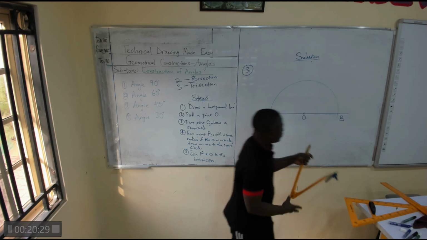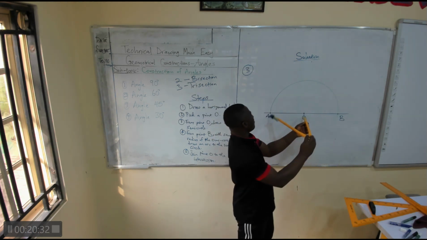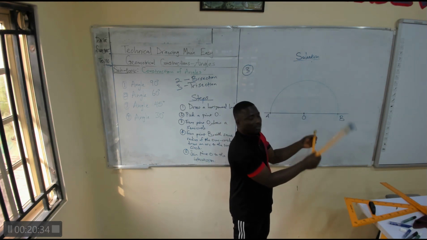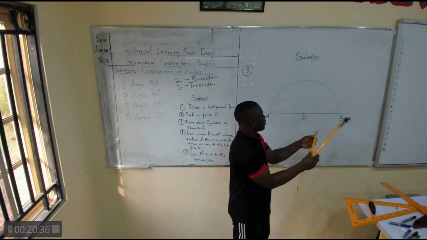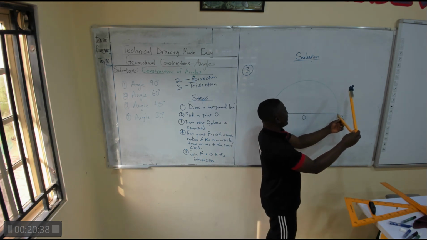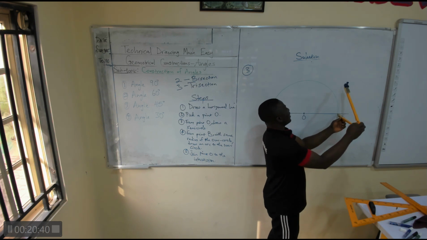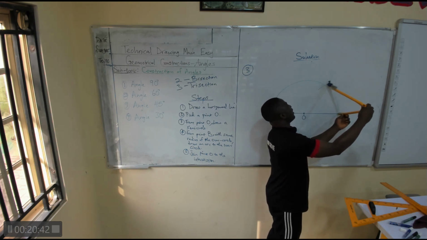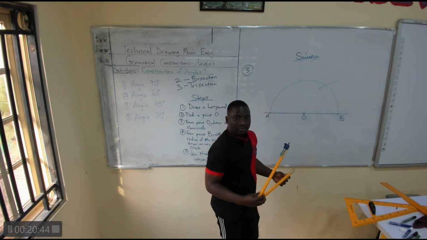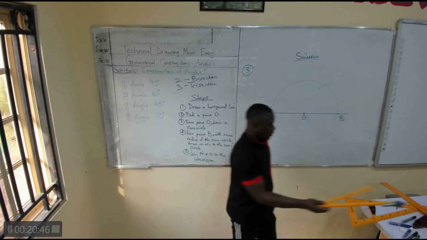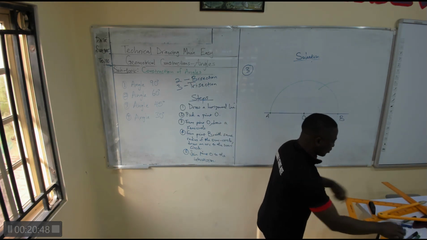So with the same radius I used to draw the semicircle, I place it at any of the points A or B, and I cut the arc. Can you see that now? I cut an arc on the semicircle.